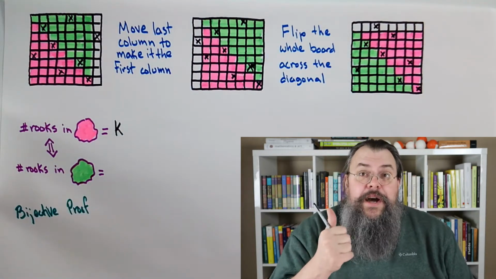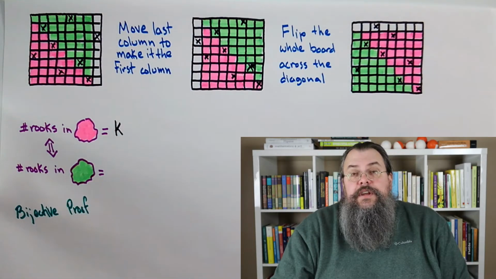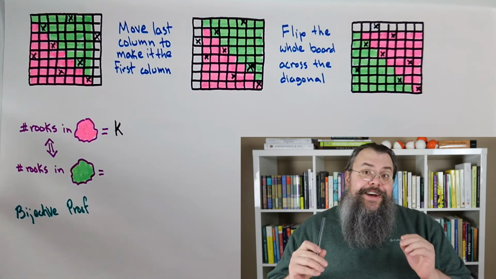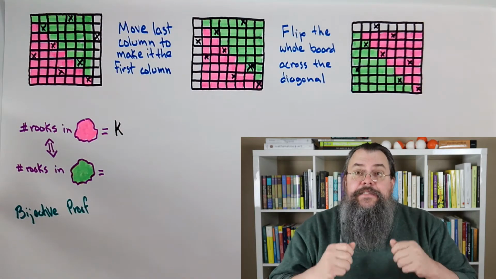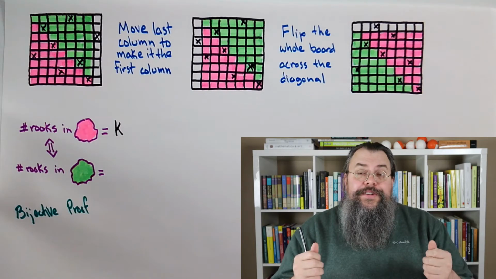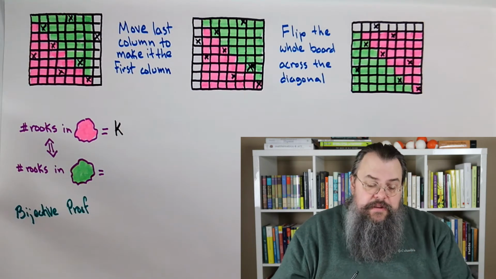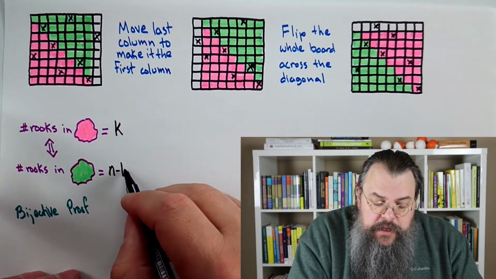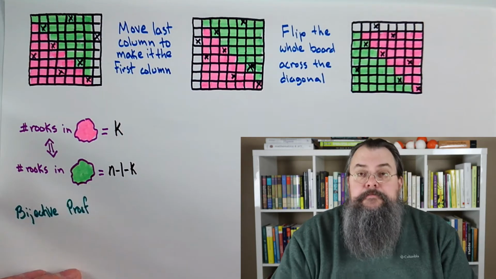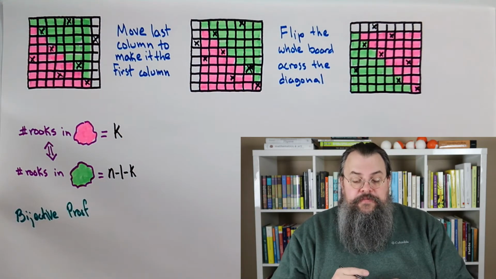Well, n minus 1, because there's this last column here which isn't involved. So collectively, those two regions are going to have n minus 1 rooks in total. I know how many are already in the pink, so for the green, I have to have n minus 1 minus k, because I need a total of n minus 1 between the two.